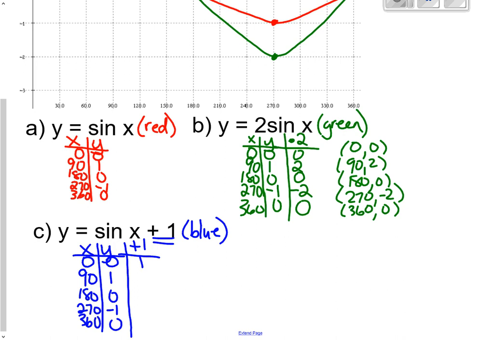So 0 becomes 1. 1 plus 1 is 2. 0 plus 1 is 1. -1 plus 1 is 0. And 0 plus 1 is 1.